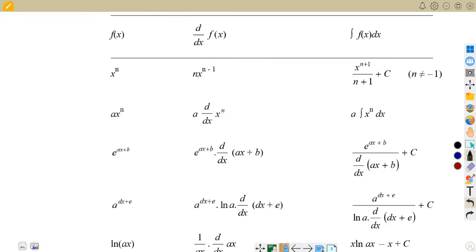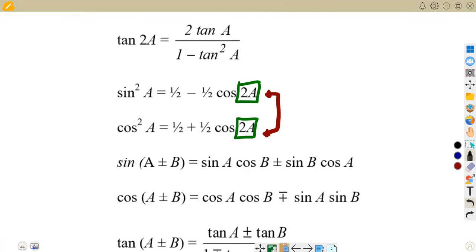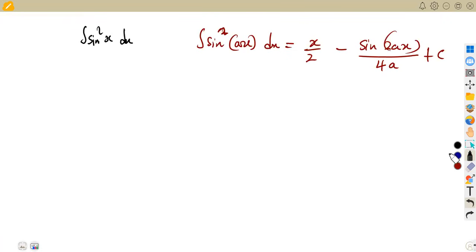So on our integral here, the integral of sine squared x, it means our a in this case is 1. The number that is affecting x is 1. So where there is a, I'm going to put 1.